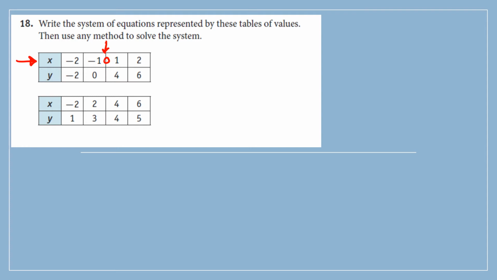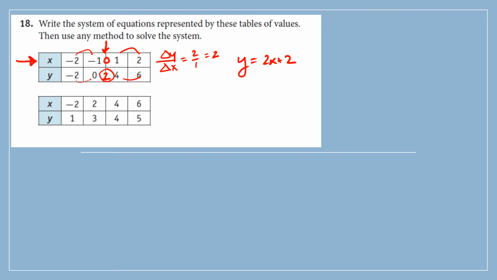And it looks like every time x goes up by 1 here, this is going up by 2. So every time, if it went up 1, this would be 2. So now we have a y-intercept. And the change in y over change in x is going up, y is going up 2 when x is going up 1. So the slope is 2, and we found out the y-intercept is 2. So y equals 2x plus 2.